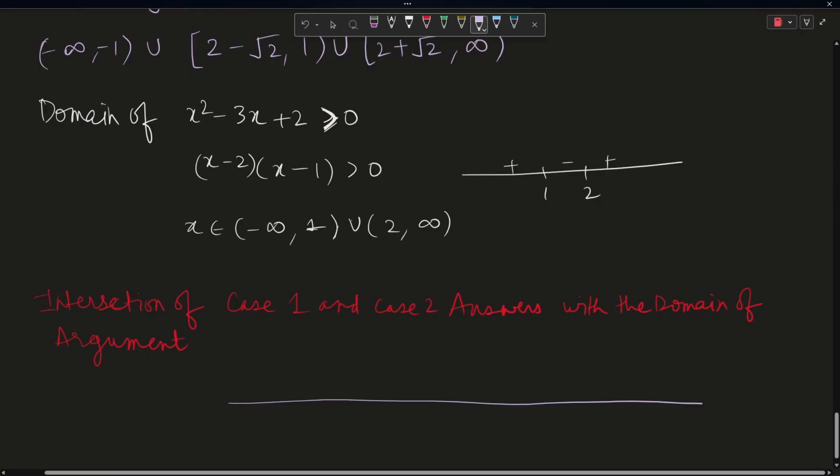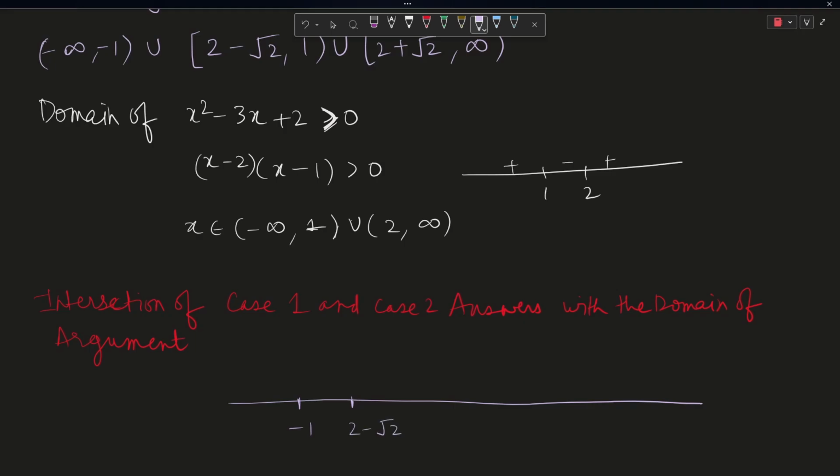Now minus 1, then 2 minus root 2, then 1, then 2, then 2 plus root 2. I think we have plotted all the values.